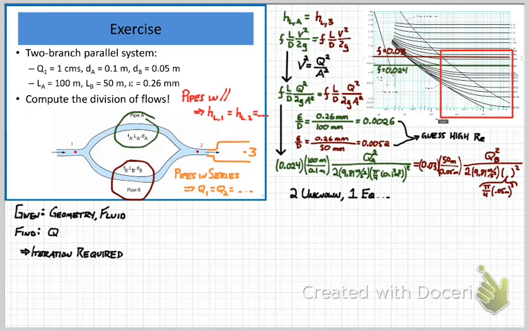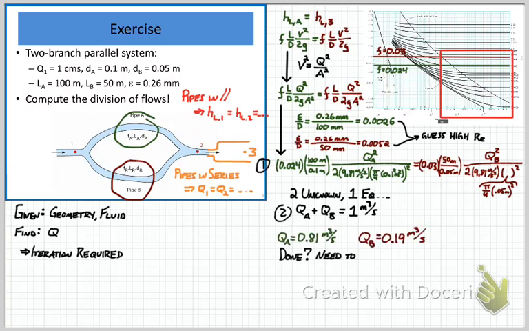You've got two unknowns, discharge in A and discharge in B, and thus far only one equation. But we can remember that by conservation of mass, the flow through the pipe at point 1, in this case 1 cubic meter per second that we're given, has to equal the flow in pipe A plus the flow in pipe B. So from there we've got two equations, two unknowns.